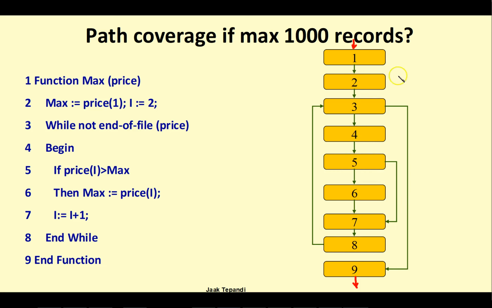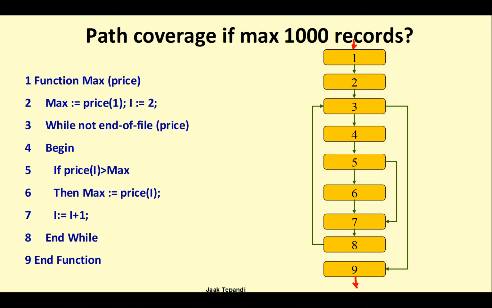We could have 2 records, and if we want to cover all these paths, we need to cover all the combinations of possible sequences of the nodes, resulting in a huge number of tests. The number is something like 2 to the power of 1000, which is unreachable and unimaginable in any respect.